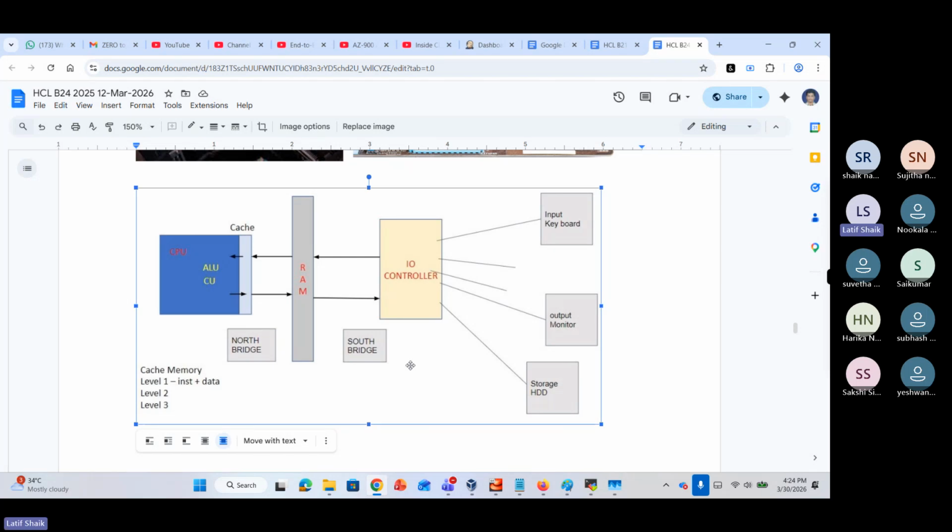Whatever data and instructions come, the I/O controller takes them, understands them, and puts that information into the RAM. So it will load your instructions and data to your RAM only. The RAM gives it to the CPU. First, it will go to the CPU cache memory.